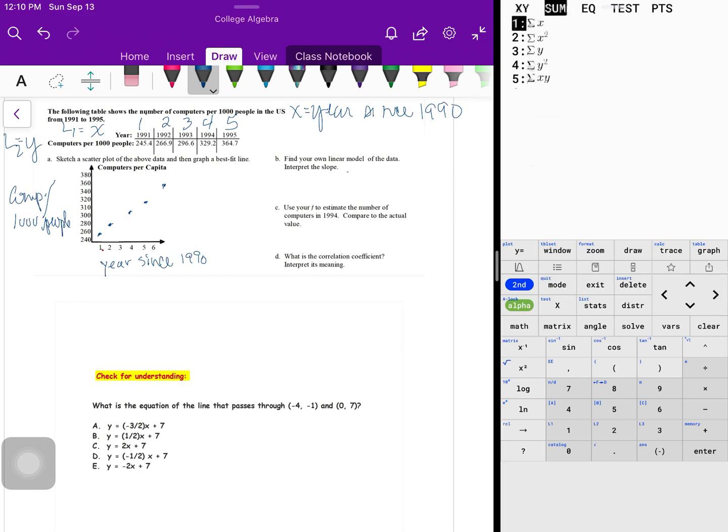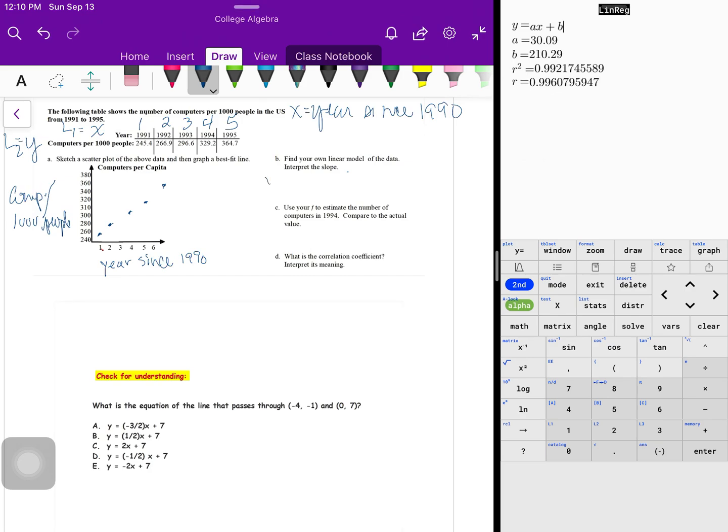And it is EQ, and it will be our reg EQ. And we want to store that in Y1. So vars, functions, Y1. And then choose calculate, enter.